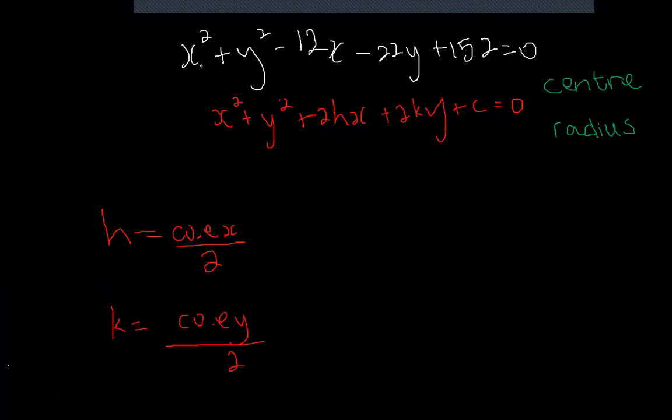Looking at the equation that they gave us: x squared plus y squared minus 12x minus 22y plus 152 is equal to 0. We said h is equal to the coefficient of x divided by 2. Looking at this equation, the coefficient of x, the number that comes before x, in this case, is 12.